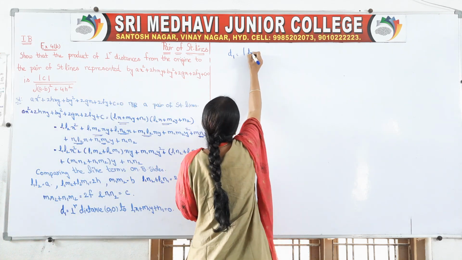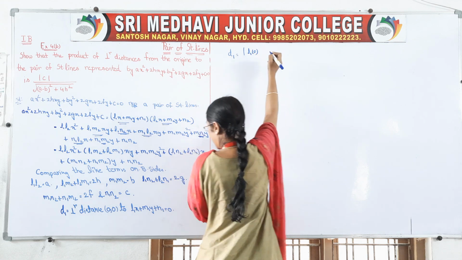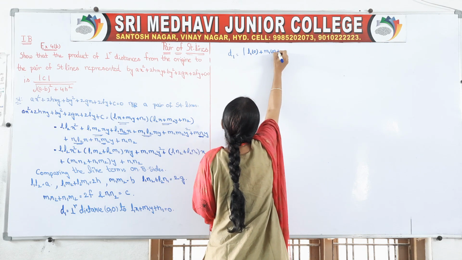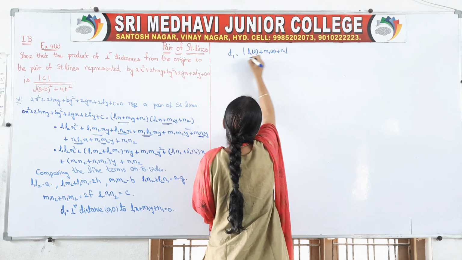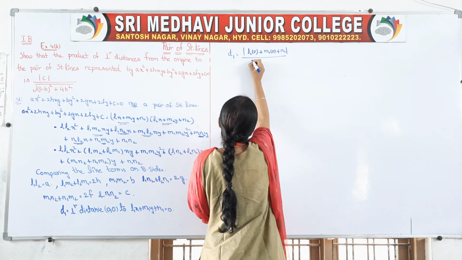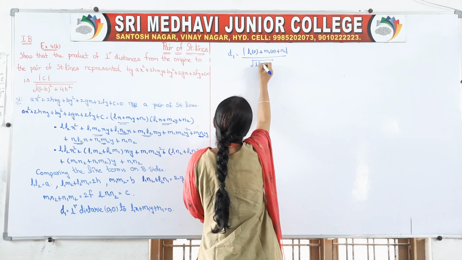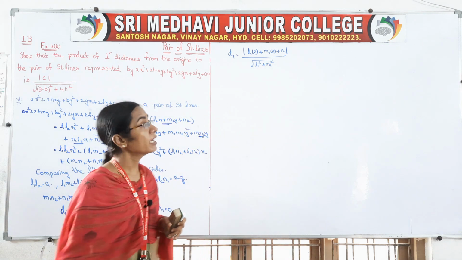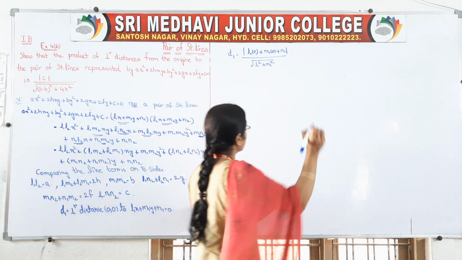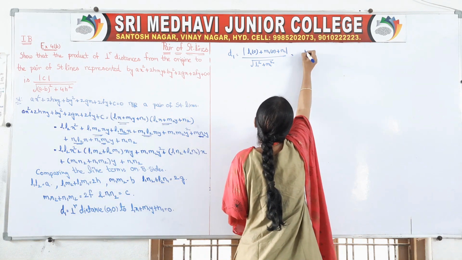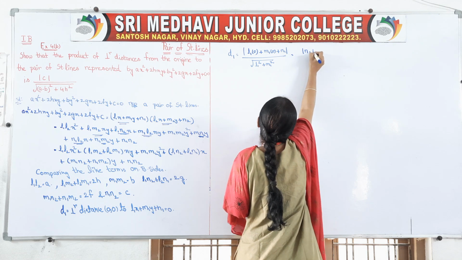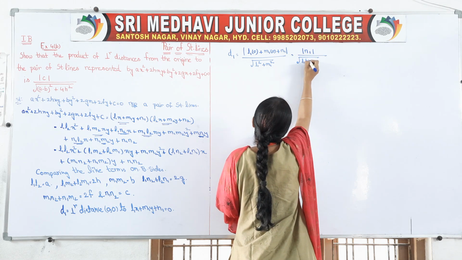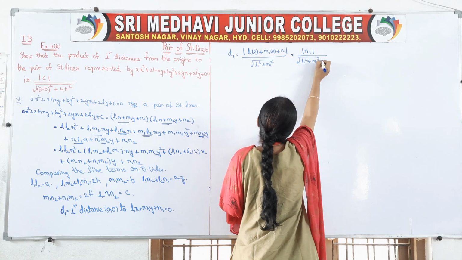So it is L1 into 0 plus m1 into 0 plus n1 by root of L1 square plus m1 square. Okay, this is the perpendicular distance from origin to first line. So mod n1 by root of L1 square plus m1 square.